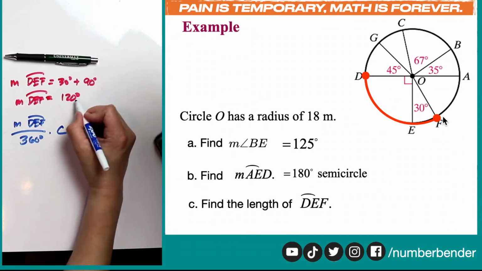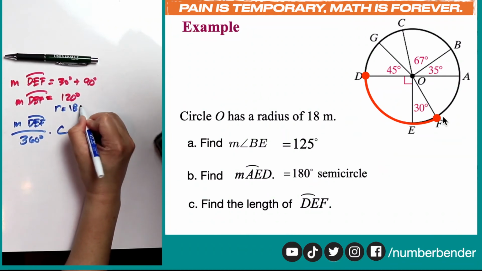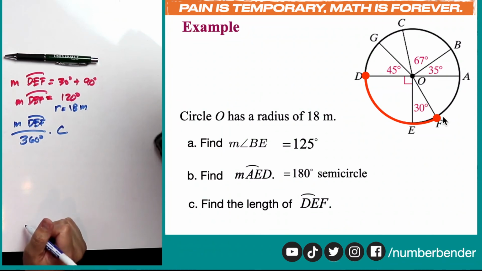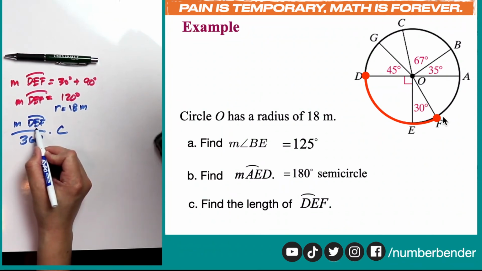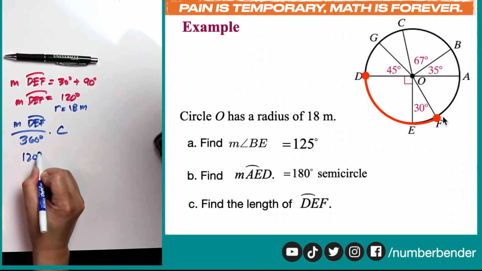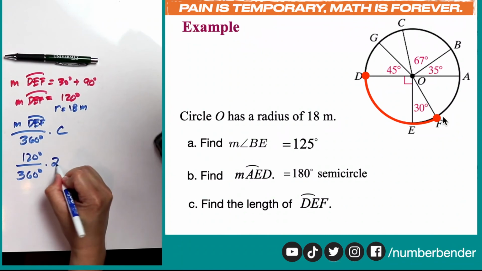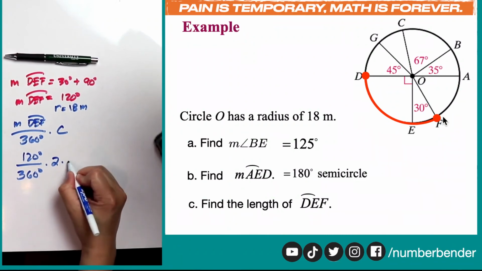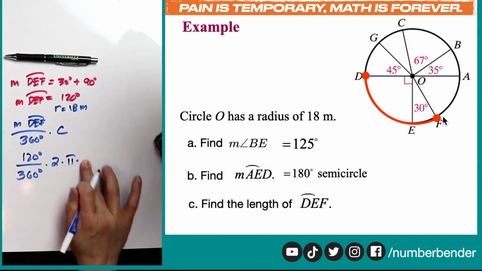From here, we know that the radius of our circle is equal to 18 meters, and we are going to use that in our formula in a little while. So the measurement of DEF is 120 degrees all over 360 degrees multiplied by 2 times pi times r, which happens to be 18.